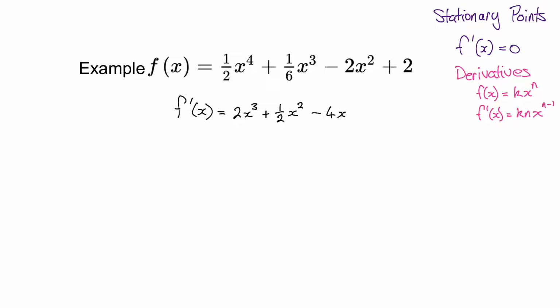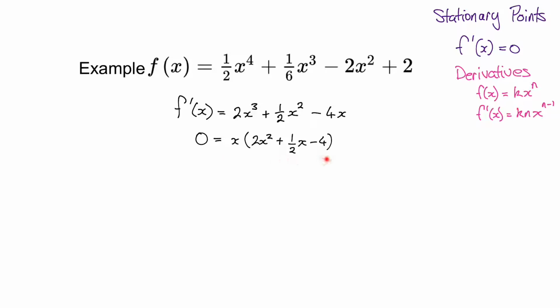Now that we have our derivative, we set our derivative equal to 0, and that means we can find our stationary points. Looking at our derivative, we can see that x is common in each one of our terms, so we can start factorizing and pull the x out the front. So we get x outside of 2x squared plus 1 over 2x minus 4.